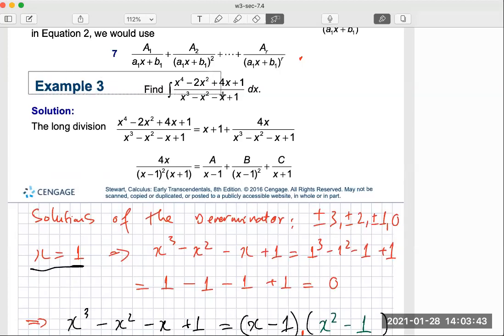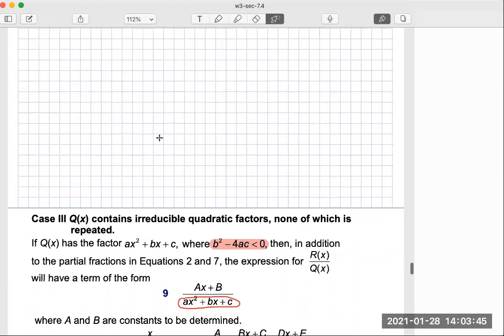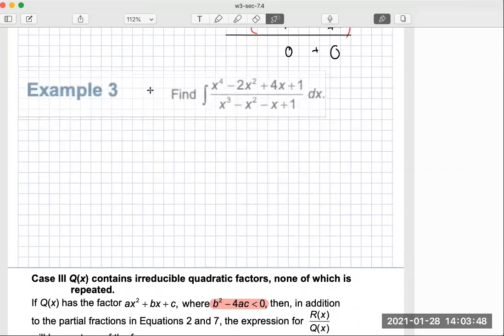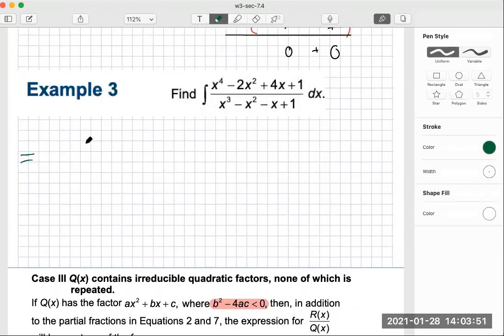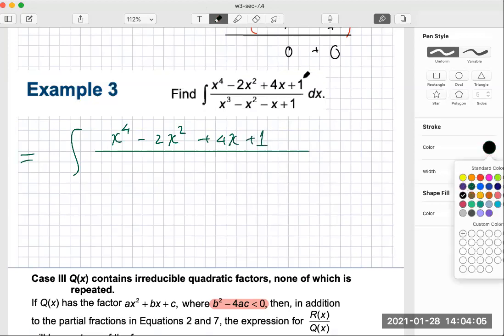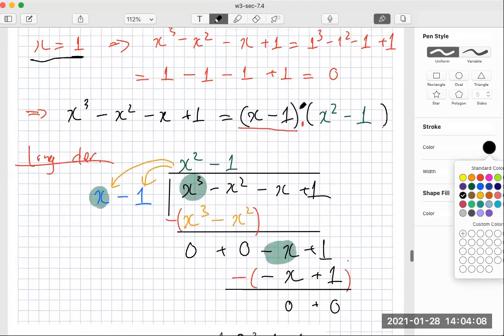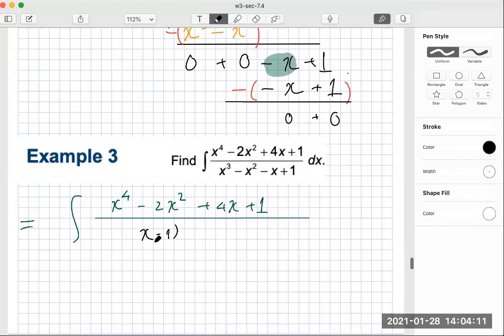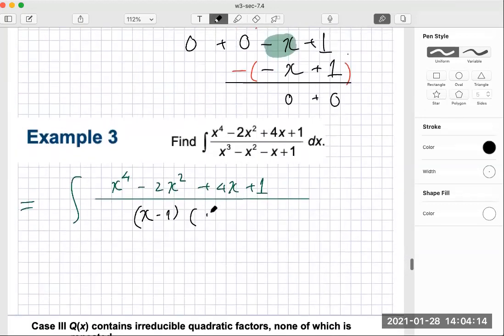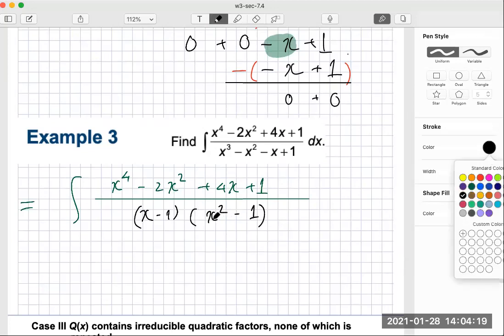Let us write it this way. We know that this integral becomes x to the 4th minus 2x squared plus 4x plus 1. And the denominator, we just found it. It is x minus 1 times x squared minus 1, right?